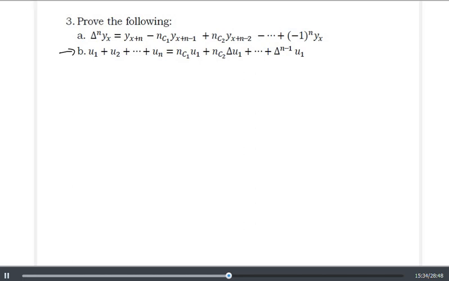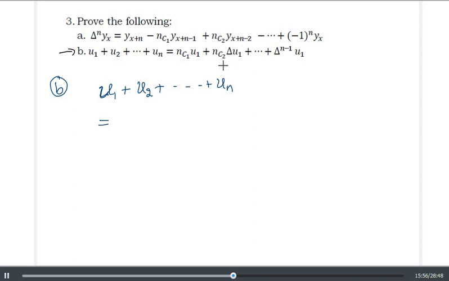Now how to do this? So let's think about it. What they gave us here is u1 plus u2 plus and so on plus un.